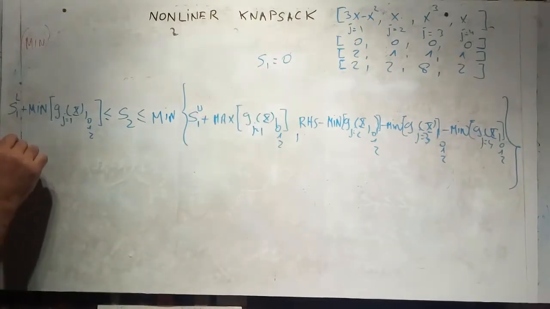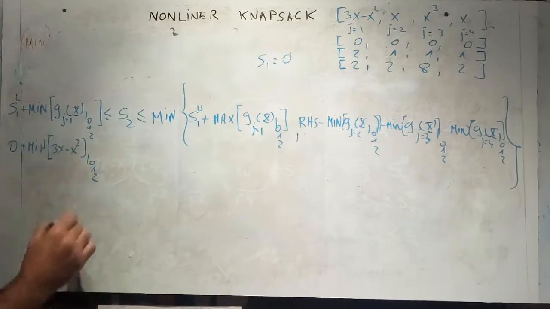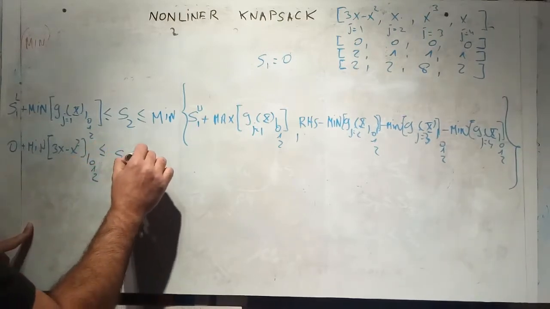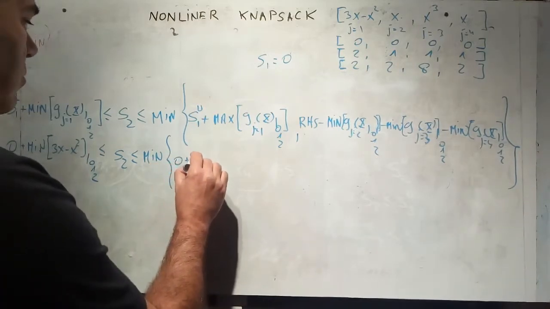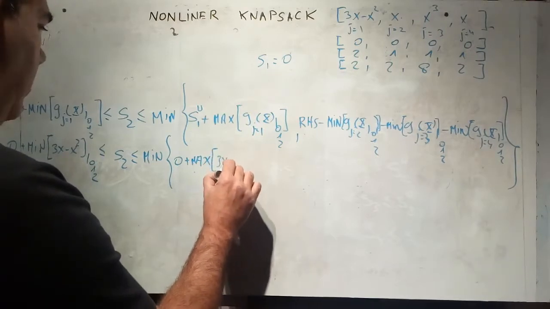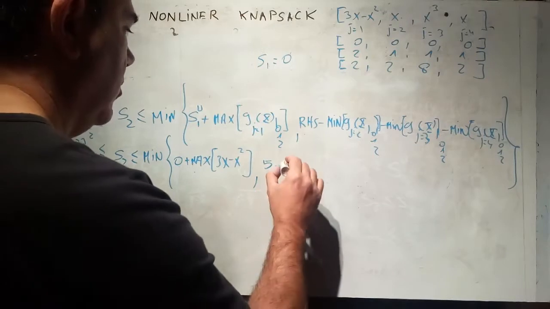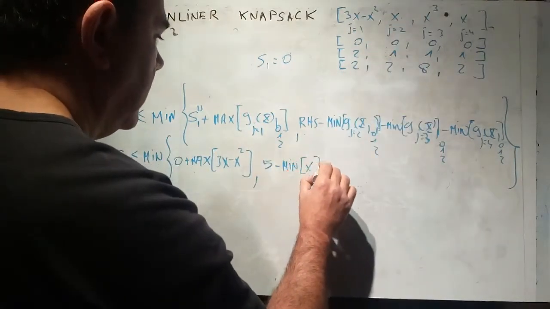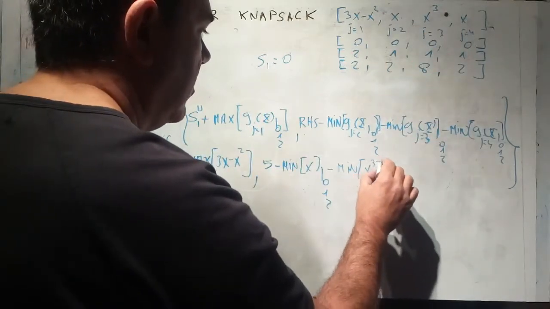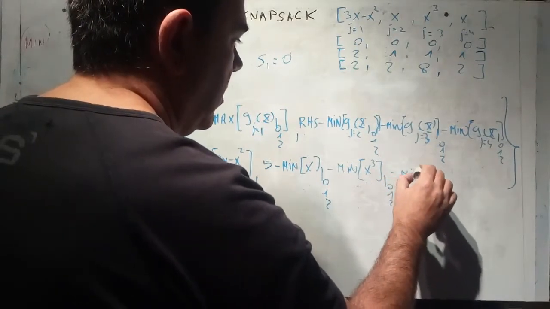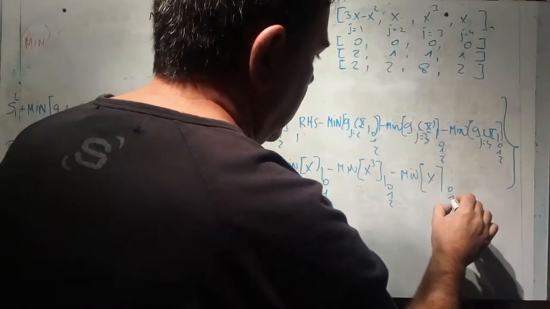So S1 lower would be 0 plus the minimum of 3x minus x squared evaluated at 0, 1, 2, less or equal than S2, less or equal than the minimum of the upper value by hypothesis, 0 plus the maximum of 3x minus x squared, comma, the right hand side 5 minus the minimum of x evaluated at 0, 1, 2, minus the minimum of, for j being 3, x cubed evaluated at 0, 1, 2, minus the minimum of x for the stage 4, that is x evaluated at 0, 1, 2.